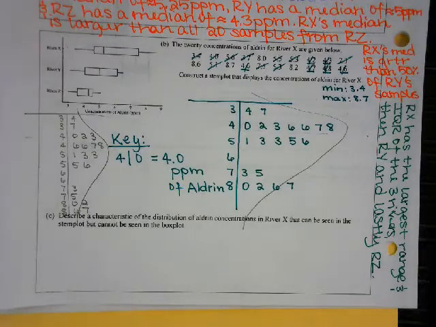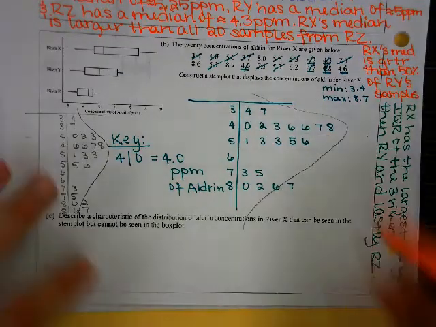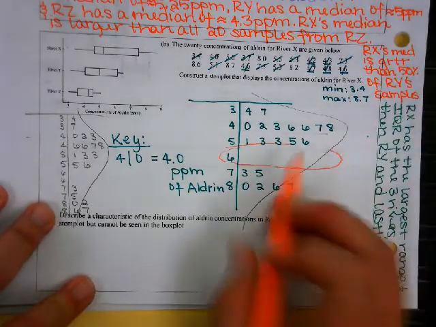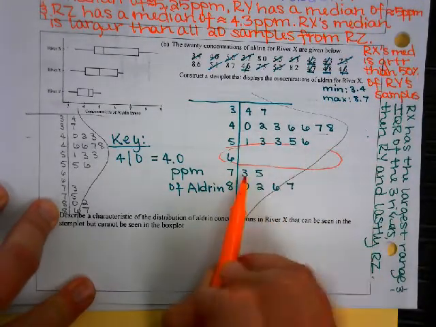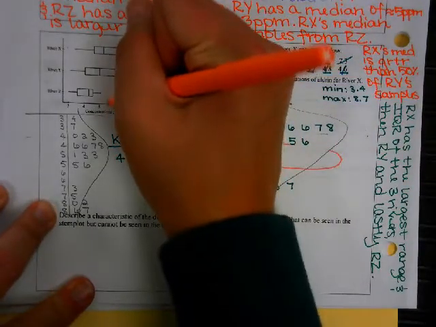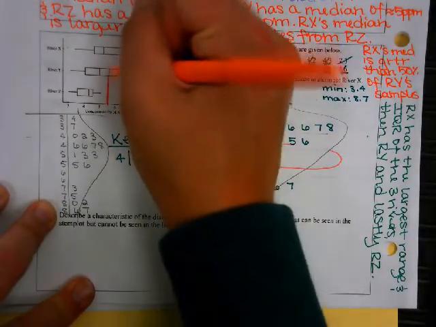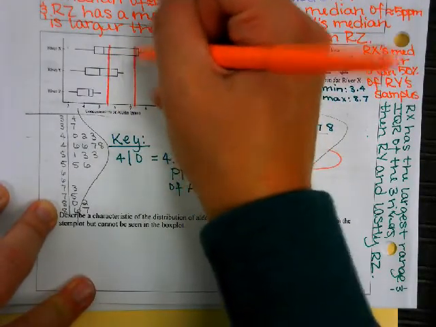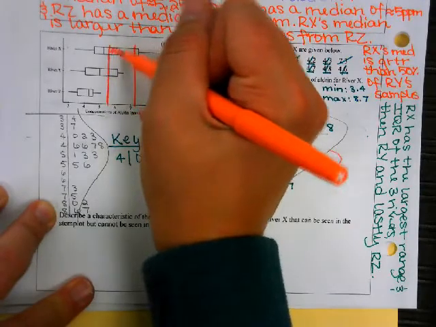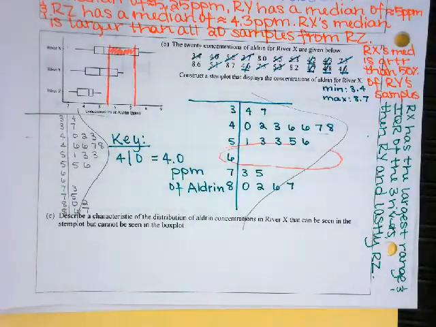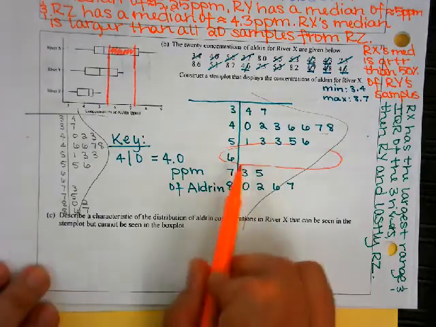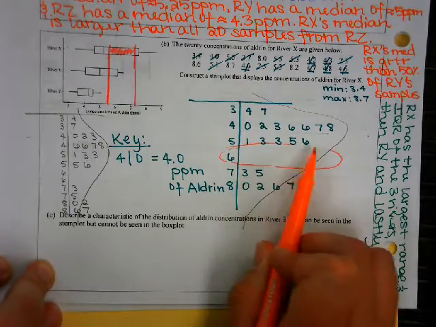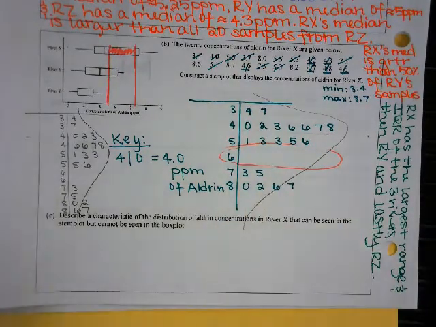If we look from 5.6 to 7.3, 5.6 is there-ish, 7.3 is around there. It looks like we have a bunch of data in there based on the box plot, right? But if we put it into a stem plot, we can see that there's this big gap of no data from 5.6 to 7.3. So that would be what we can see from the stem plot, but not from the box plot.